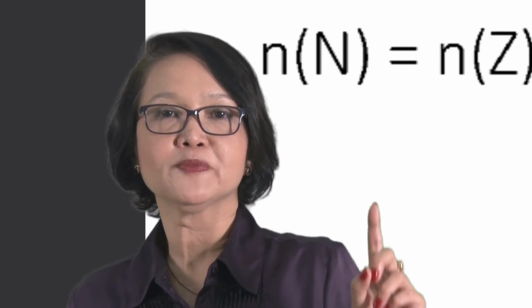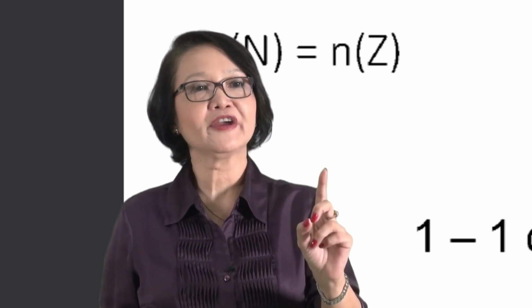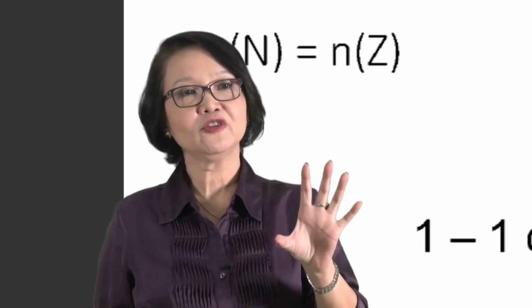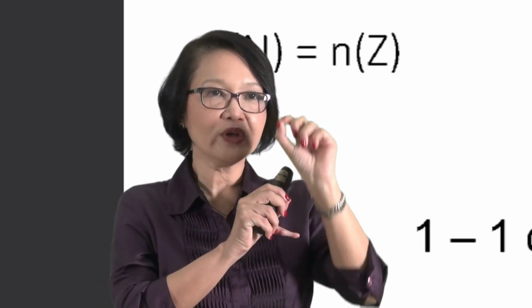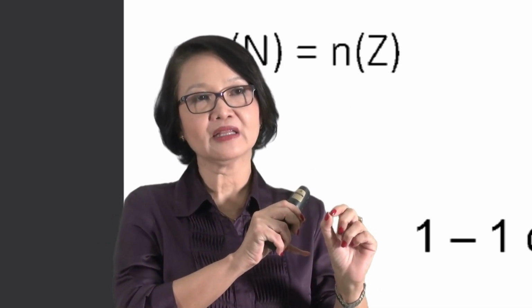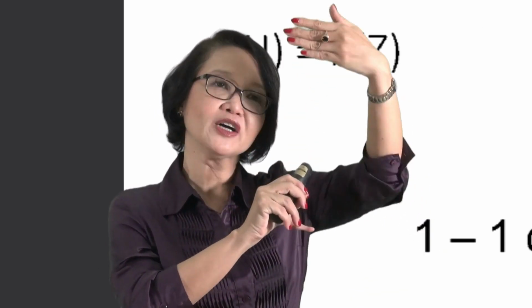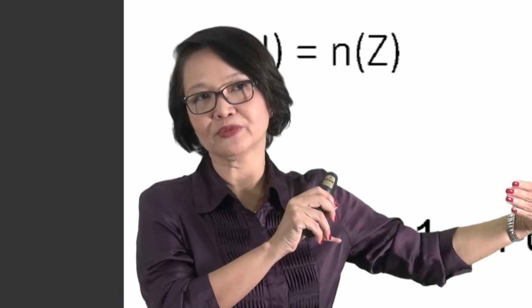So the one-to-one correspondence will be, if you have, let's say, the number 0 in the integers, we can pair it off with 0. Then you cannot pair off 1 with 1, 2 with 2. What will happen? If you have this pairing of positive integers with natural numbers, there will be no more partners for the negative integers. So you have to make sure everyone has a partner so everyone is happy.